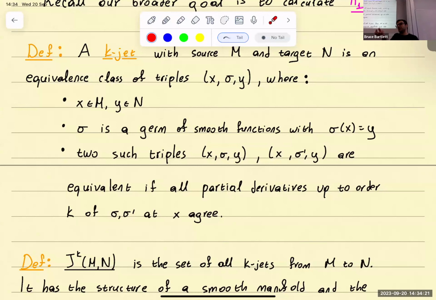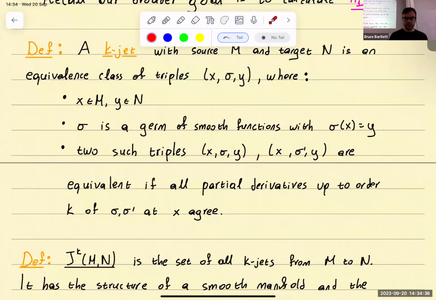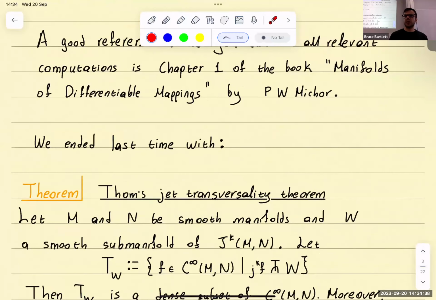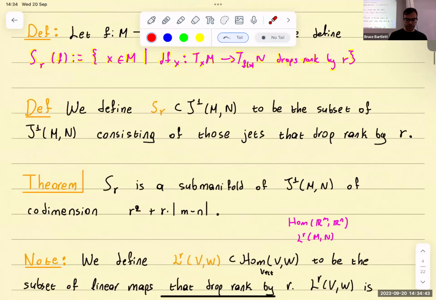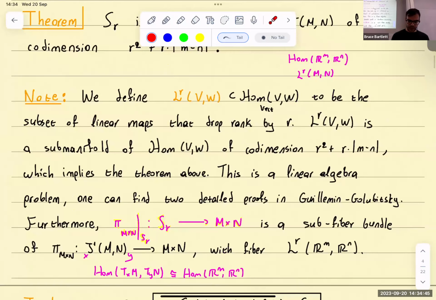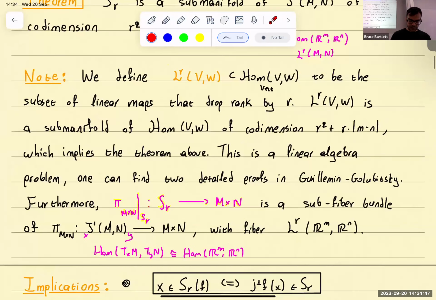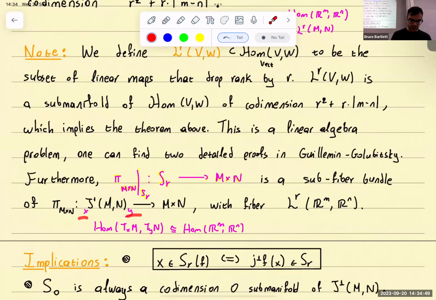So the only thing you keep track of is the partial derivatives up to degree k at x, and that's for the k-jet. For the one-jet, that's just the differential, the single partial derivative. I don't know if that helps. But in practice, it's just x, y, and an element here.